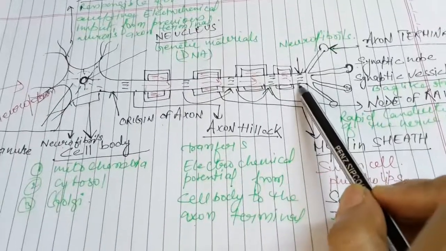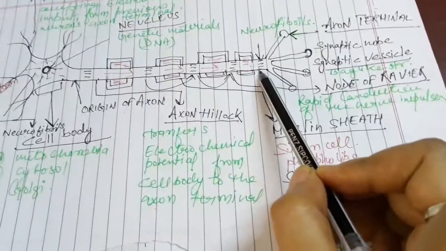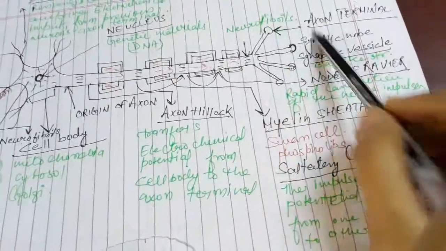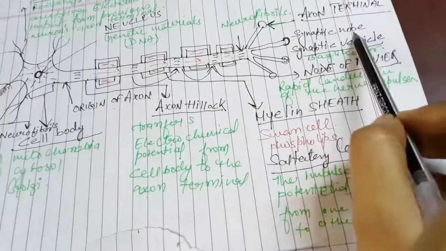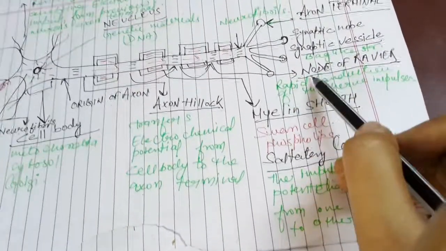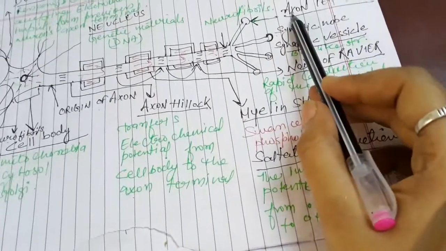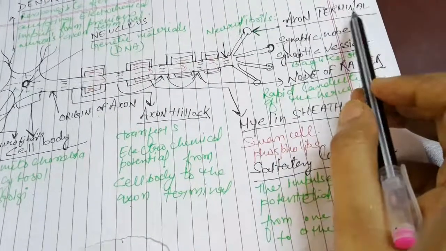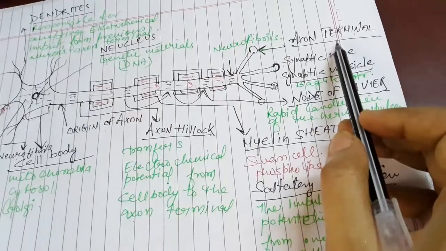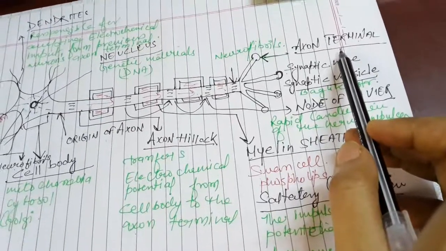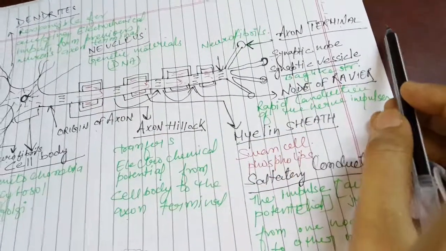Next, this bead-like structure is called neurofibrils, and the terminal part is composed of axon terminal, synaptic knob, and synaptic vesicles. The axon terminals are responsible for transferring the electrochemical potential from one neuron to another neurons.